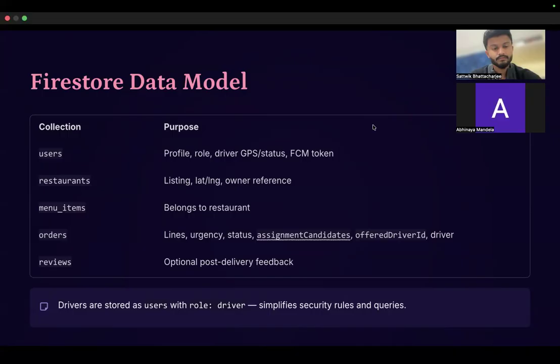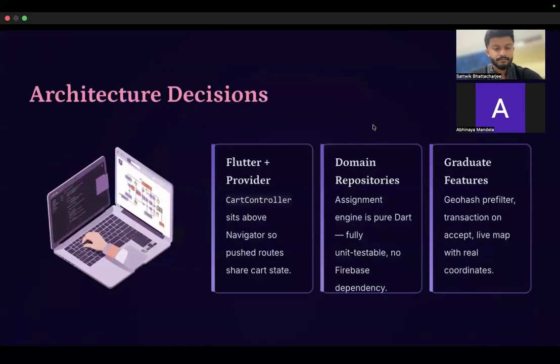The menu items are linked to the restaurants, and the orders include order details, status, and driver assignment. The reviews will contain the optional feedback after delivery. One key design choice is that drivers are stored as users with a role, which simplifies queries and security rules. The remaining part will be continued by my teammate.